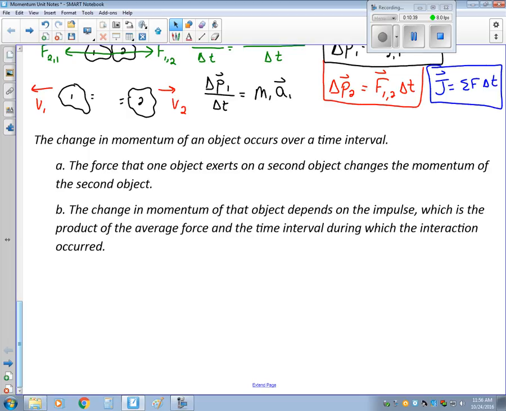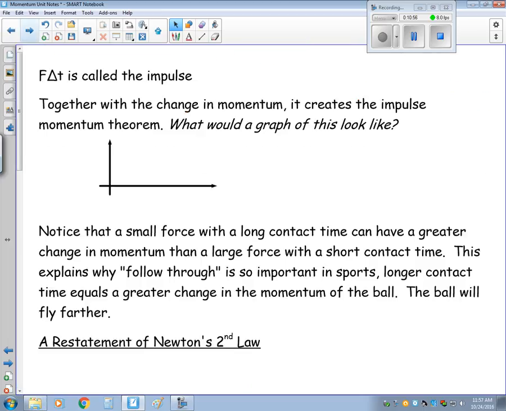And then the change in momentum of that object depends on the impulse, which is the product of the average force, or net force, and the time interval during which the interaction occurred. So, F delta t, that is our impulse. And then, like I said before, together with the change in momentum, we create something called the impulse momentum theorem.